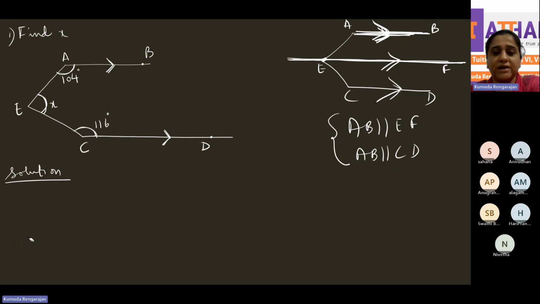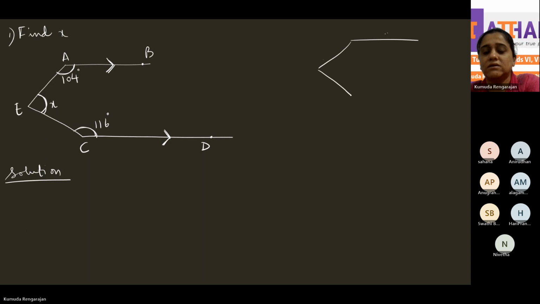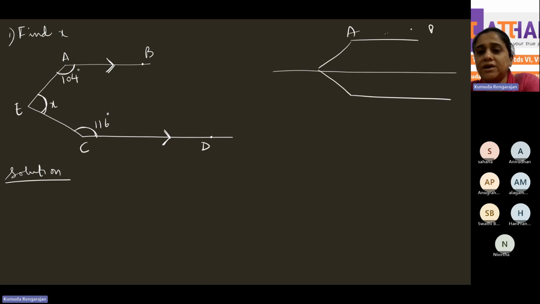I'll tell you this again. The theorem is: two lines parallel to the same line are parallel to one another. AB is already parallel to CD, given in the question. The construction is we draw EF parallel to AB.